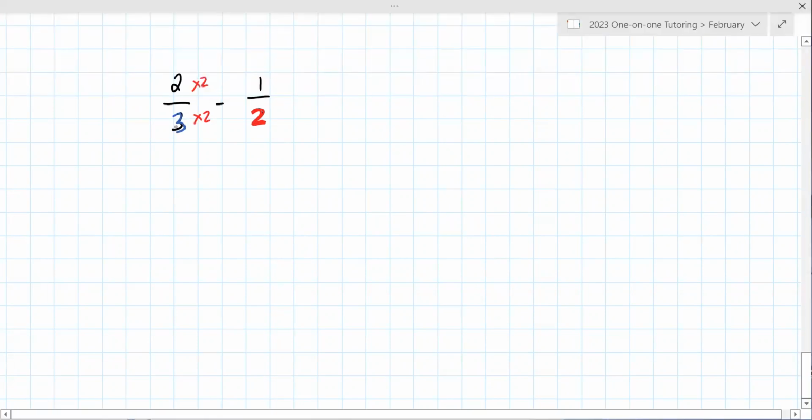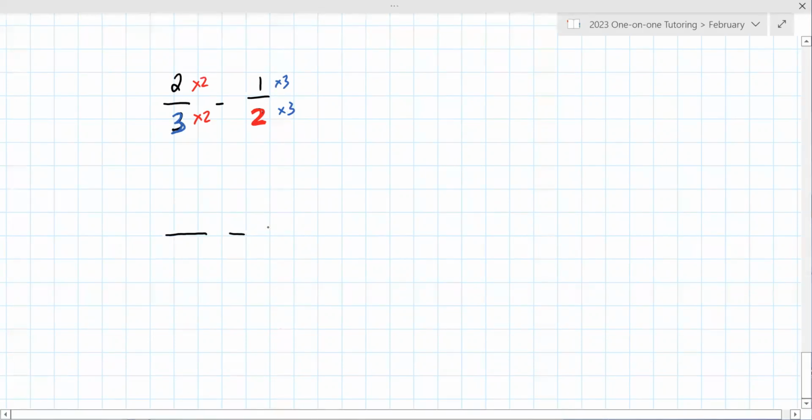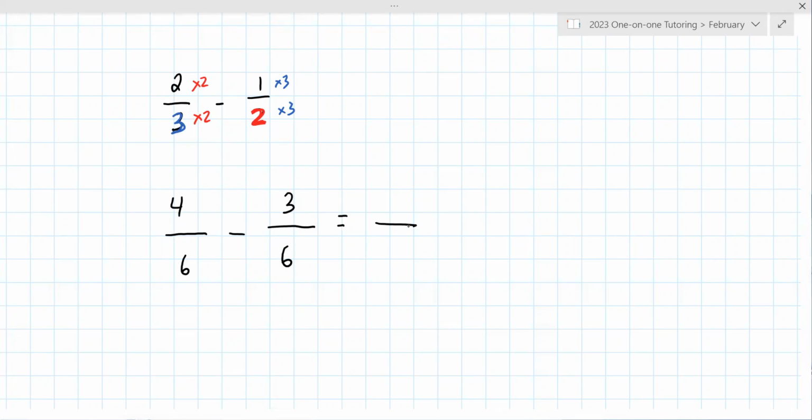Oh, okay. So you get new fractions here: 4/6 minus 3/6. So 1/6.